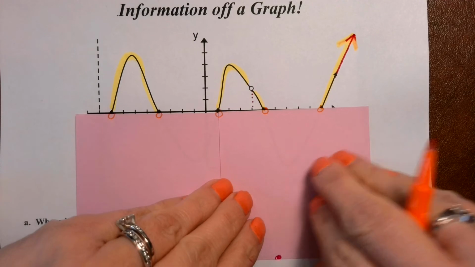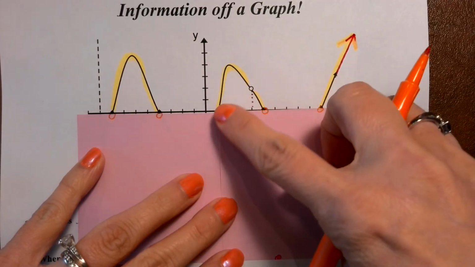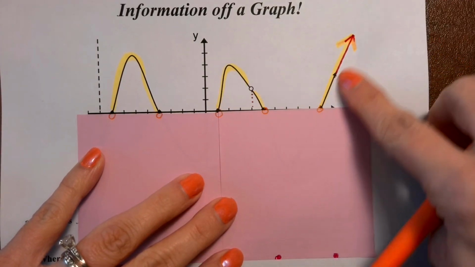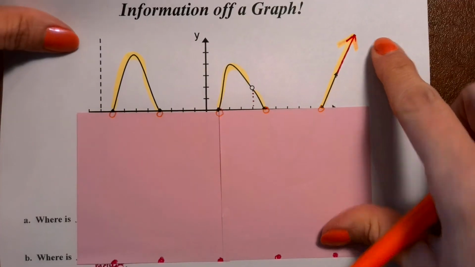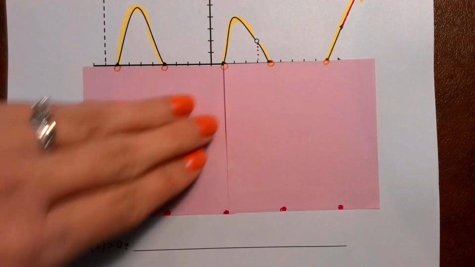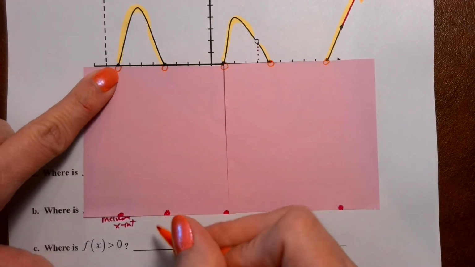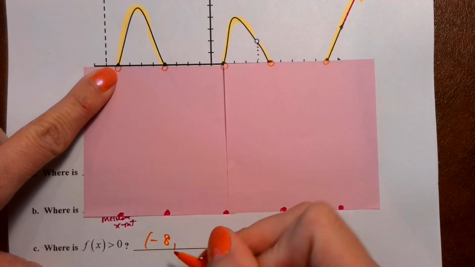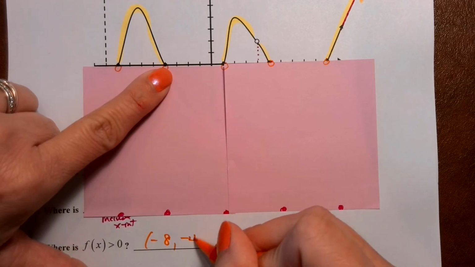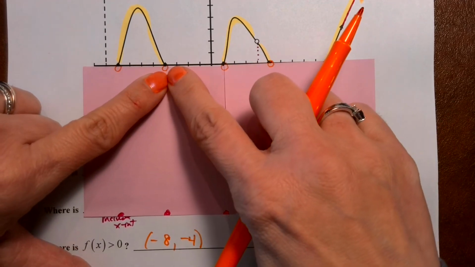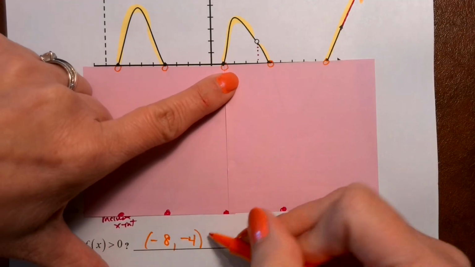How many pieces of graph do we have? 1, 2, 3, 4. 4 pieces, so we're going to have 4 answers. This first piece starts at -8 until we get to -4 with parentheses, since it's an open bubble. Number 2, union.